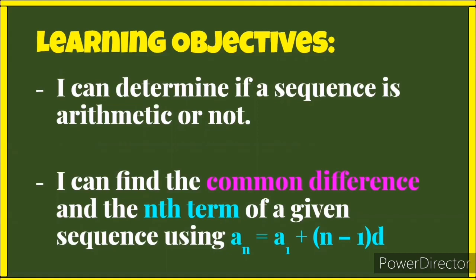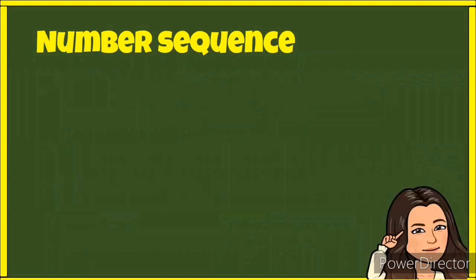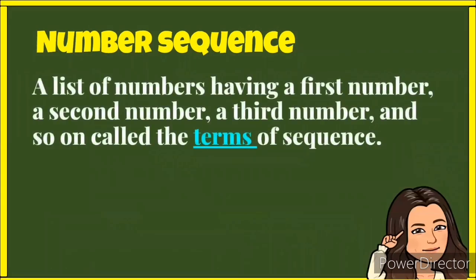Before going to arithmetic sequence, let's define a number sequence first. A number sequence is a list of numbers having a first number, a second number, a third number, and so on, called the terms of sequence. In the sequence 1, 2, 3, 4, and so on, you have the terms labeled as what place they are in the sequence.